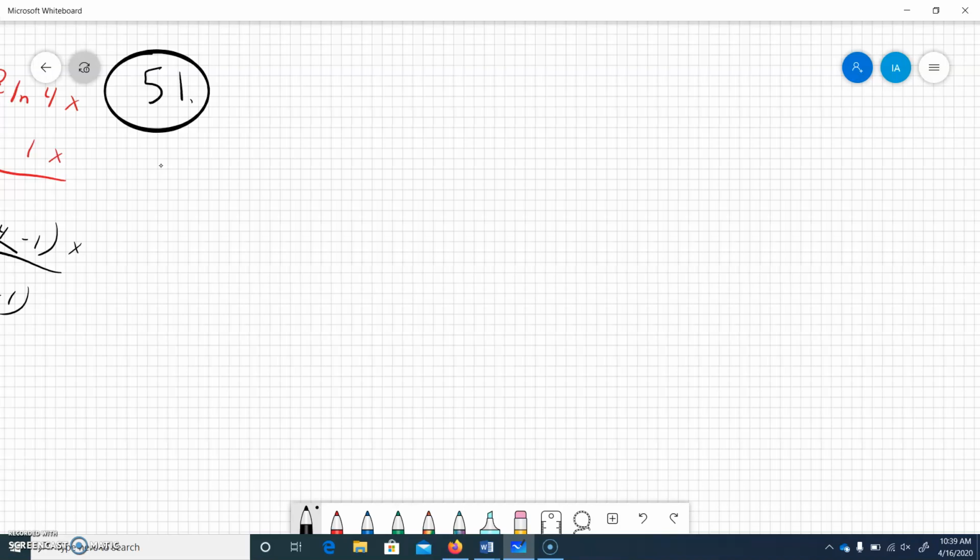Log base 4 of x minus 3, plus log base 4 of x minus 2. And that gives me log base 4 of x plus 1.